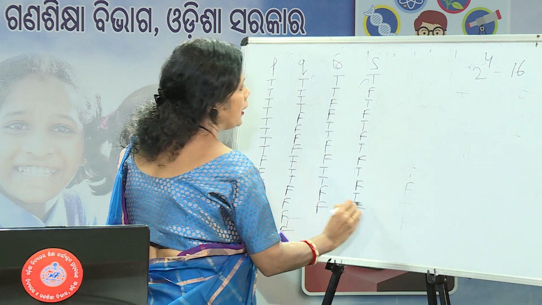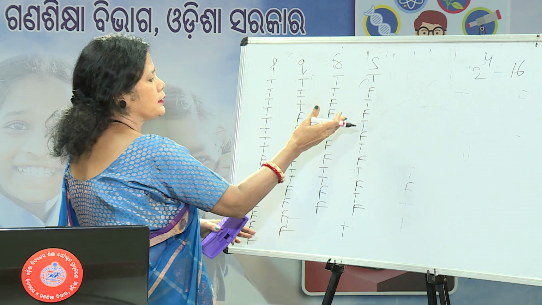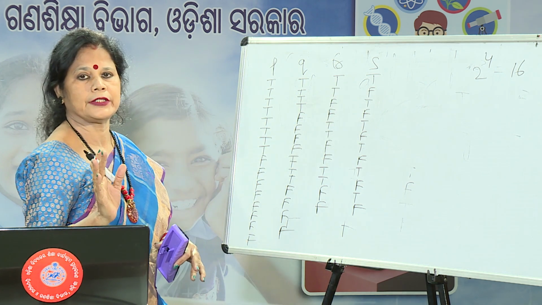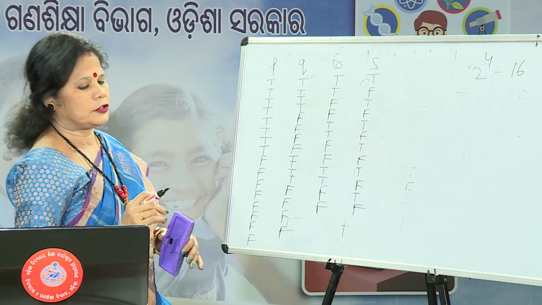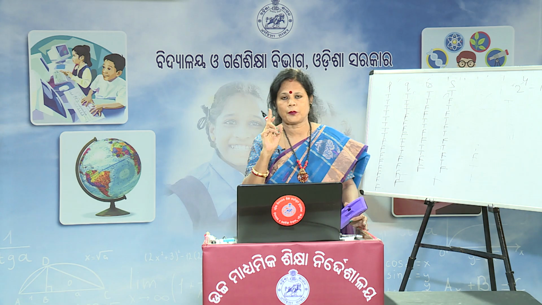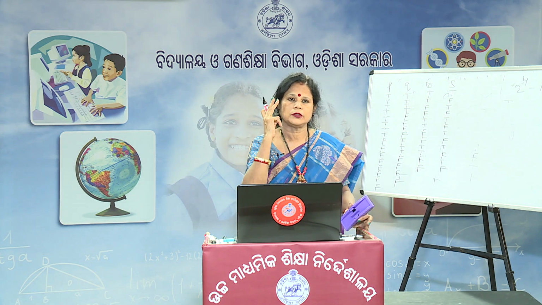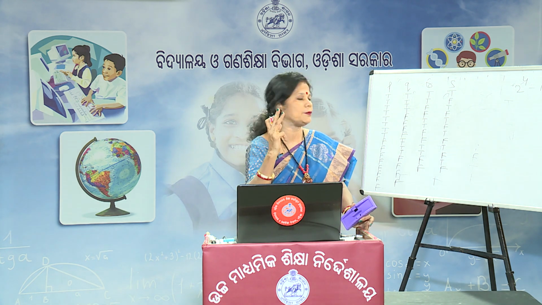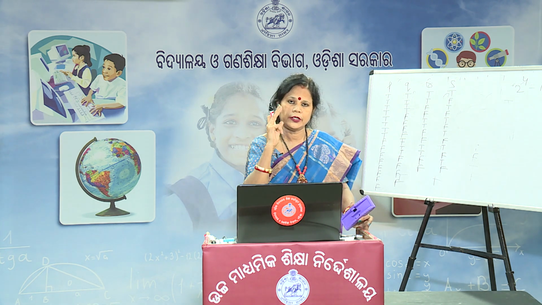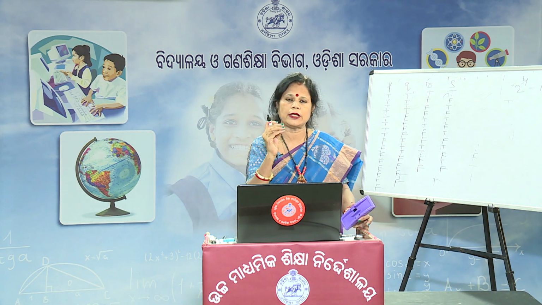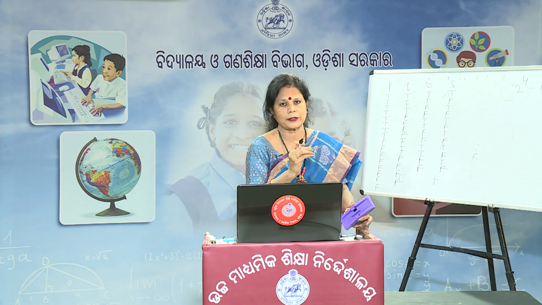TF, and you take this. TF TF, like this. If there is one proposition, the truth value will be determined from 2 possibilities. If 2 variables are there, 2 propositions are there, then the truth value will be determined from 4 possibilities.